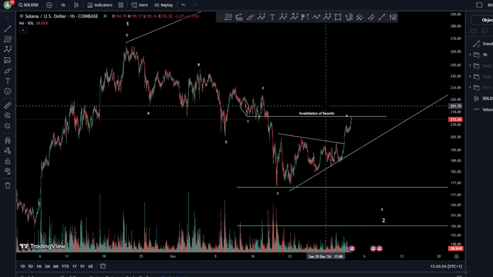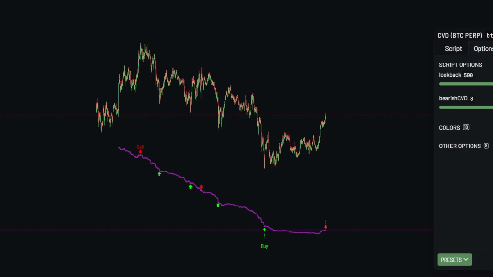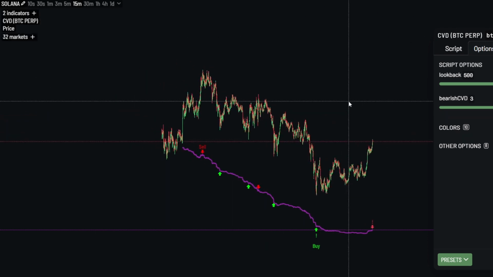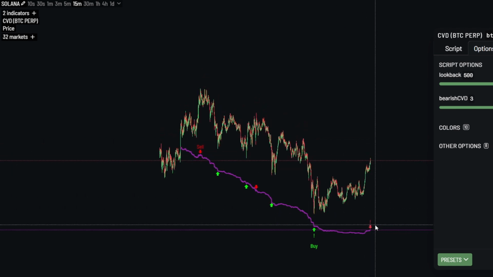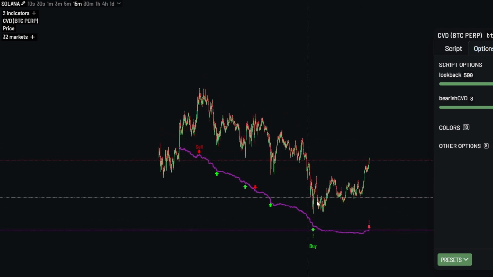Now, if we take a look at KGT to get a little more insight into what is going to happen on Solana, we can see that we have a bearish signal given at this top, and it is convergent, so be careful with it. It is convergent with the bearish signals given here on the KGT.